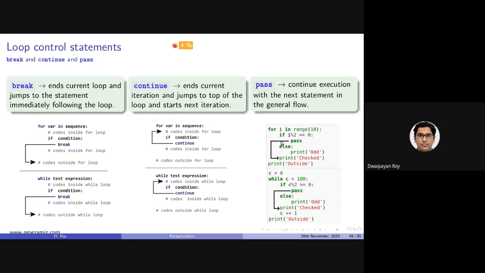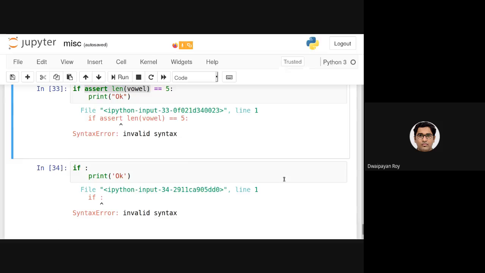Pass means the execution will be skipped from here to here, just outside this if and the corresponding else, of course. So as you can understand, this is the general flow. If we just put one print statement here, it will be the same thing, right? Let's try to write this, it will help you understand.